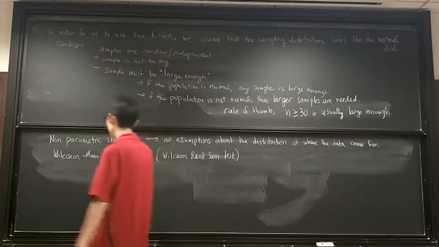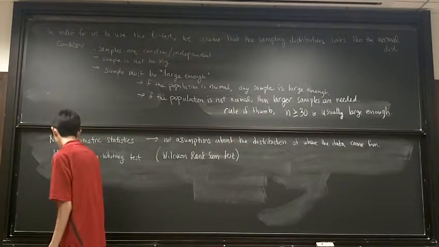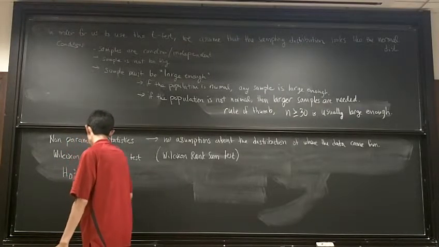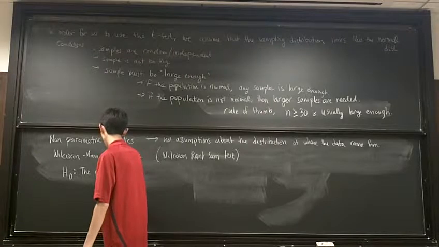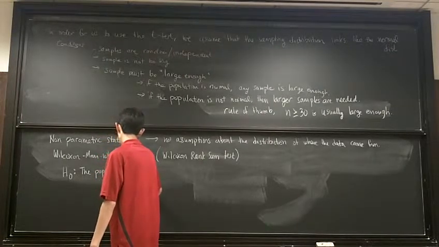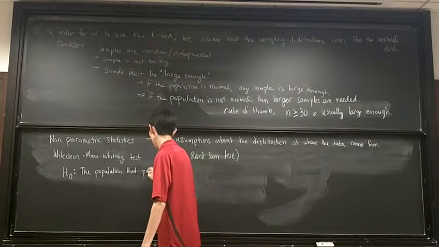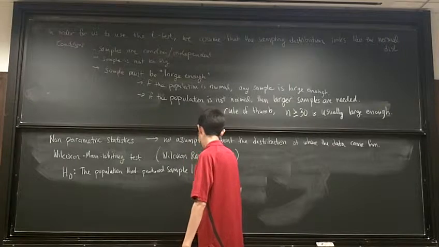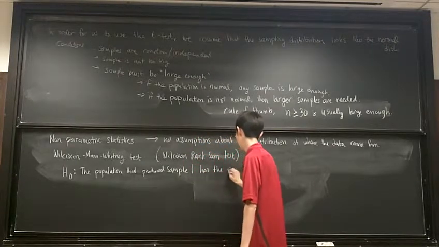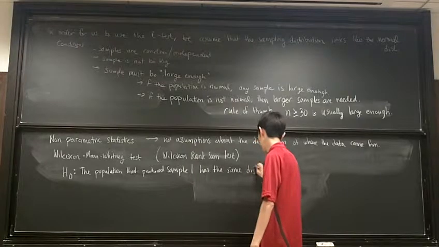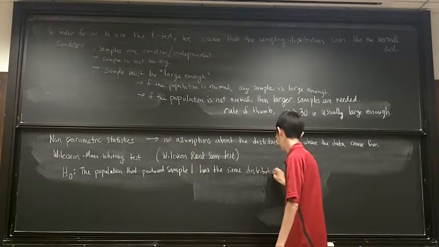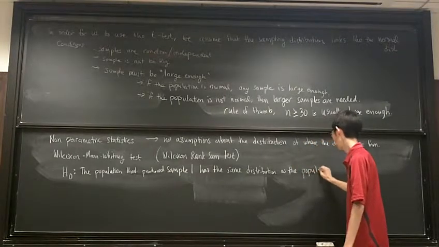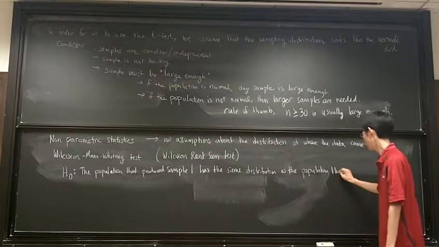So we're going to observe two samples, and the null hypothesis basically says that the population that produced sample 1 has the same distribution as the population that produced sample 2.